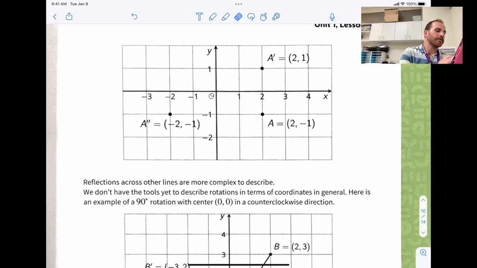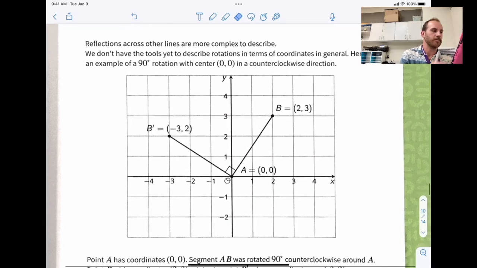All right? Reflections across other lines are more complex to describe. We don't have the tools yet to describe rotations in terms of coordinates in general. Here's an example of a 90-degree rotation with center 0, 0 in a counterclockwise direction. If you're looking for a pattern here, you can notice that both of these were positive.